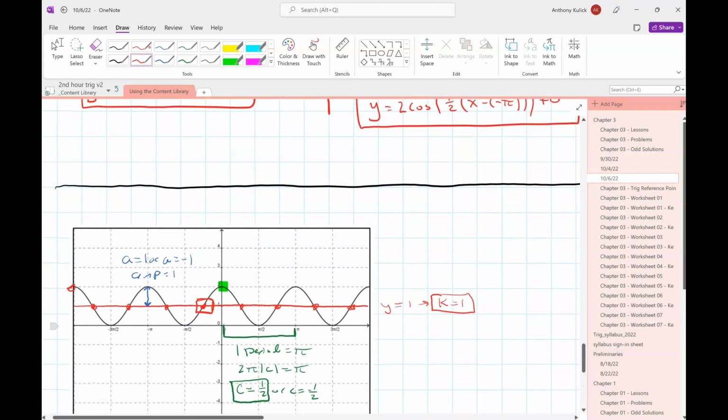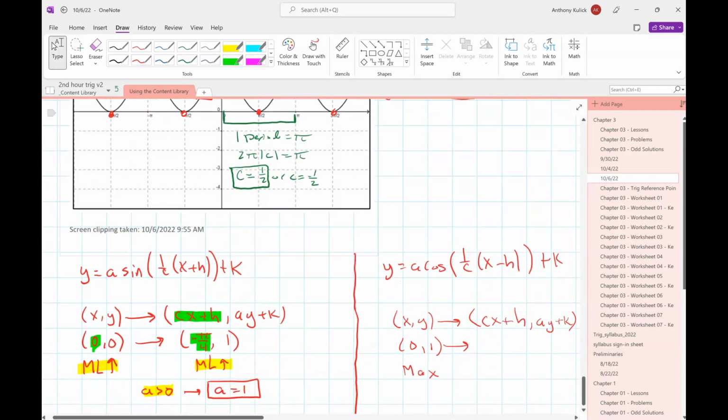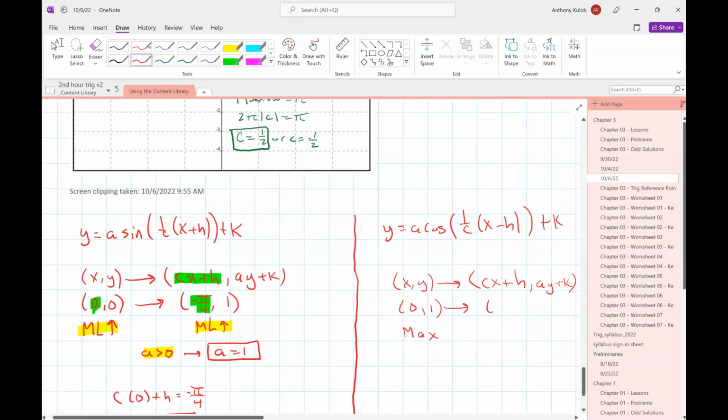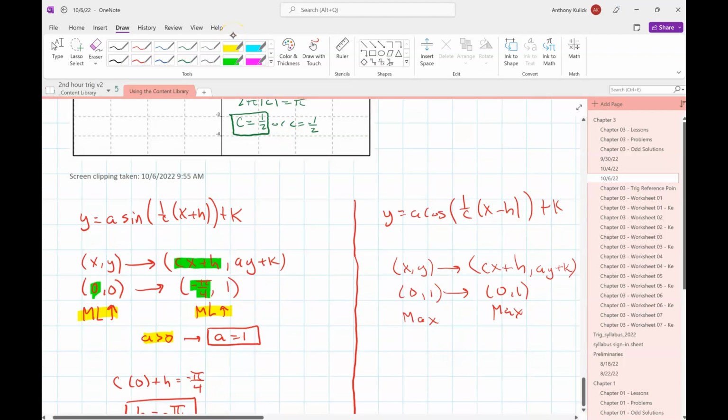And we have lots of choices. Which one do you think Mr. Kulik's going to choose? I'm going to pick 0, 1. That looks like a pretty nice one. Convenient coordinates. If you have the choice, why not? I noticed that 0, 1 was also a maximum.